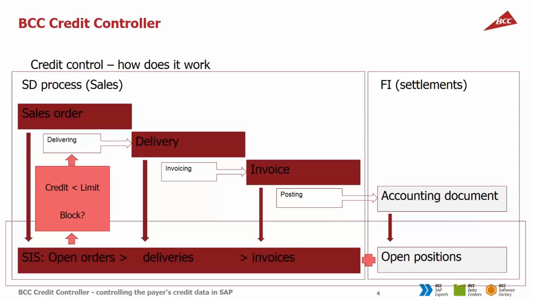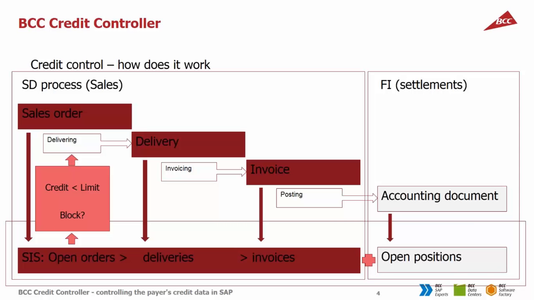As I said earlier, after saving sales orders in the so-called SIS, or Sales Information System, the statistical system which gathers information about open documents in the sales and distribution module, the value of open sales orders will be registered. This value is recorded at the aggregate level.